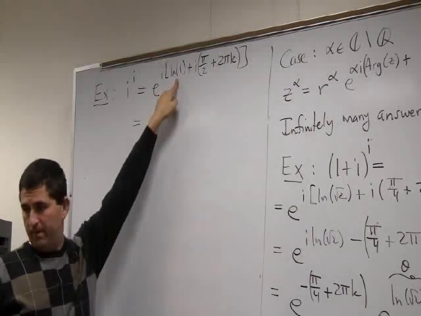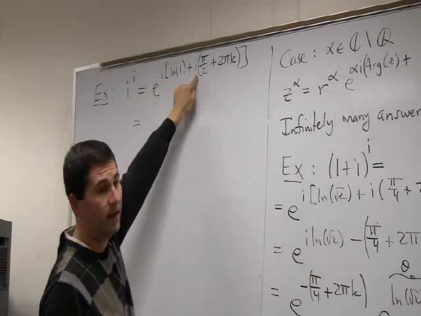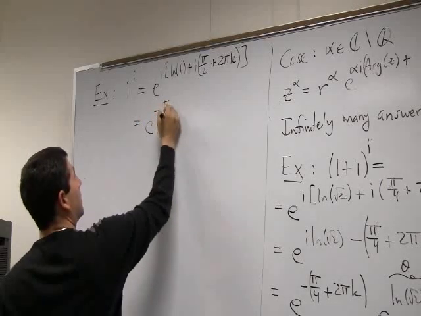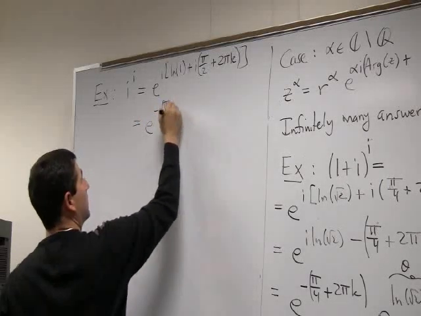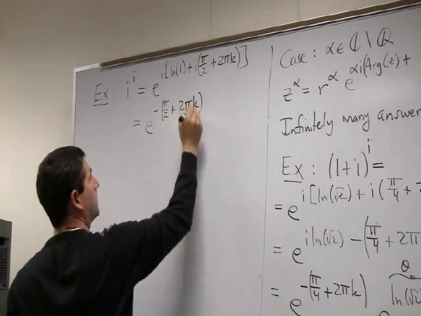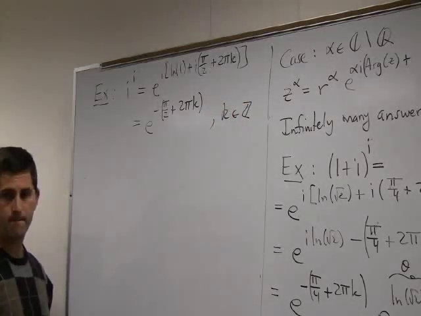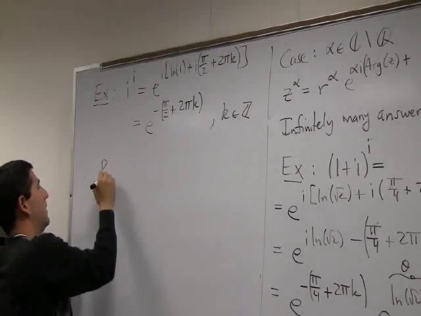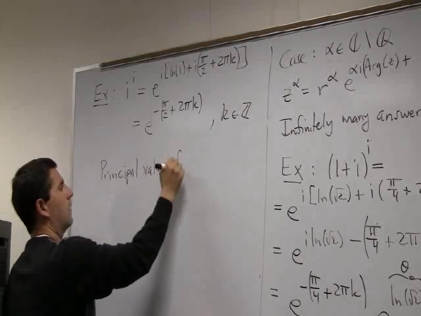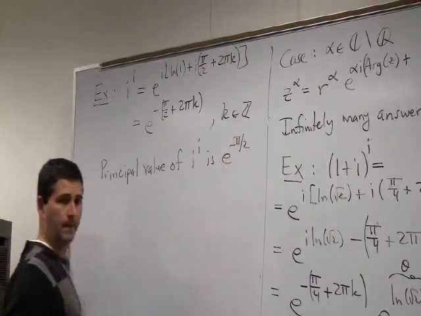Now this ln of 1, that's just 0, so that goes away, and then this i multiplies in and gives you a minus 1 there. So it just becomes e to the minus pi over 2 plus 2 pi k. k here runs through the integers. So the principal value of i to the i is e to the minus pi over 2.